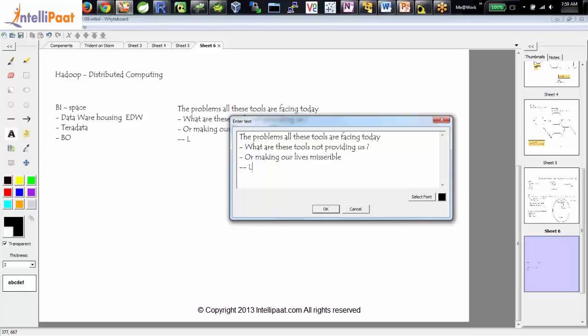One is licensing. But even Tableau has a licensing thing. Yes, it has a licensing thing. I'll come to that. Licensing. Okay. Another thing is scalability.